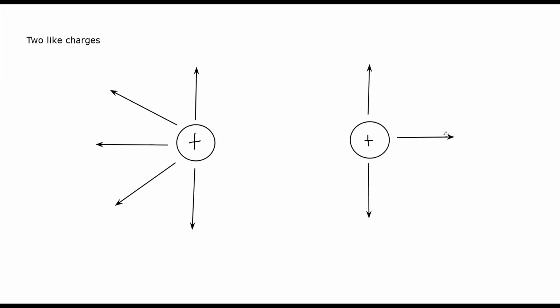These are positive charges, so the electric field lines are pointing out. Between them, they try to cancel out. How we represent how they cancel out is by a curve here. It shows that they cancel out each other's electric field.